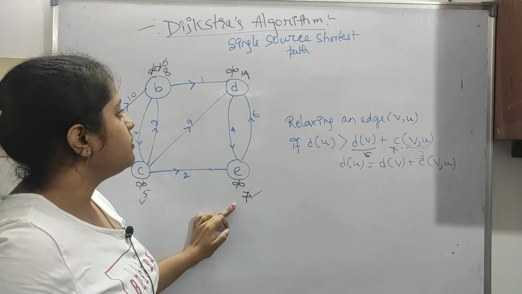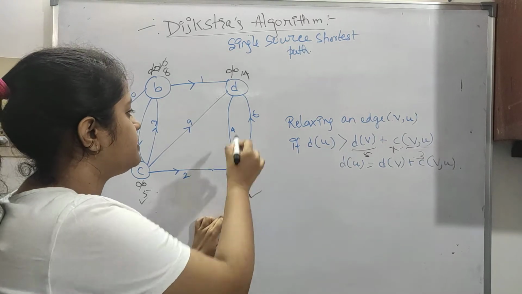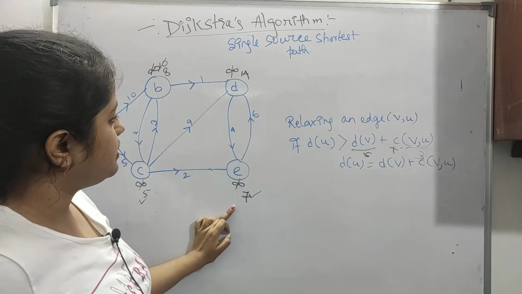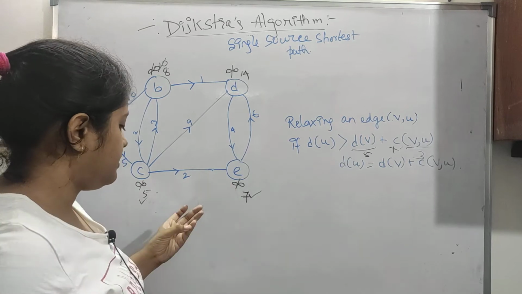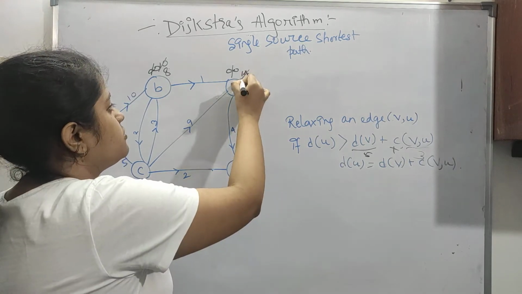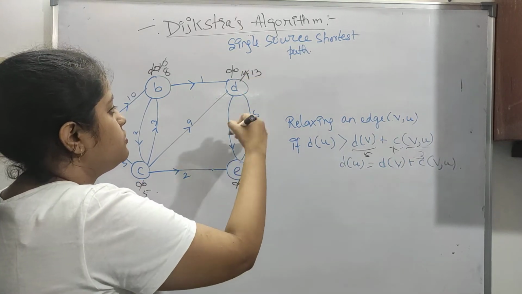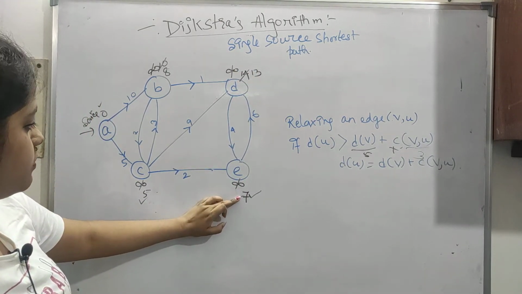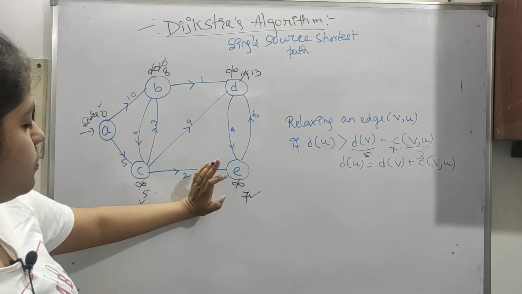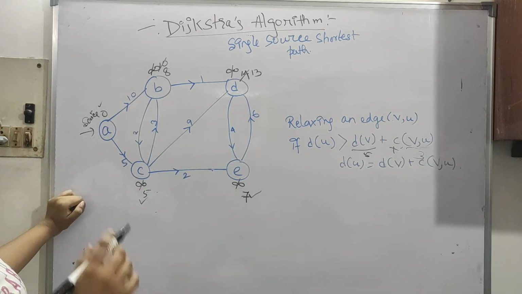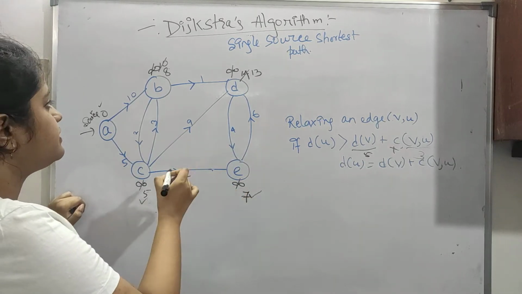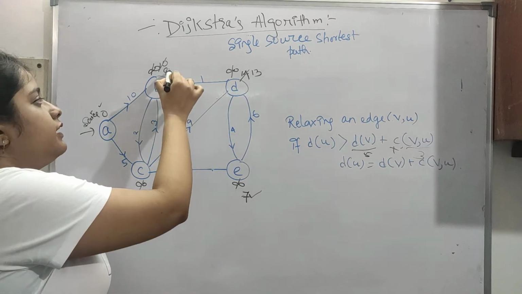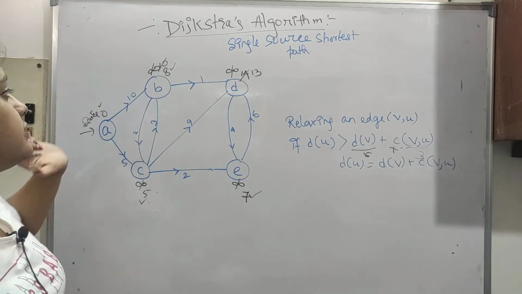From 7, let's see the outgoing edges: 7 plus 6 is 13, which is less than 14, so we take this path. Any other outgoing edges? No, just this one, so leave it. So 7 is done. Among 8 and 13, 8 is lesser, so 8 is taken.